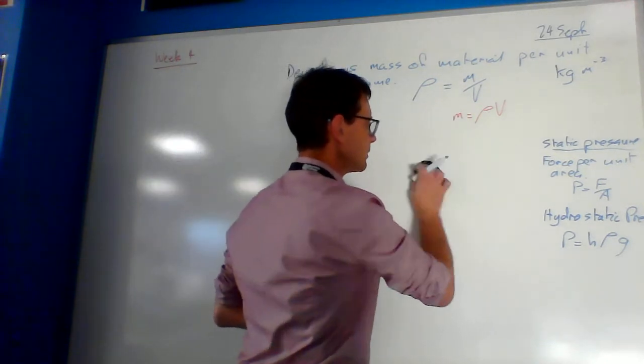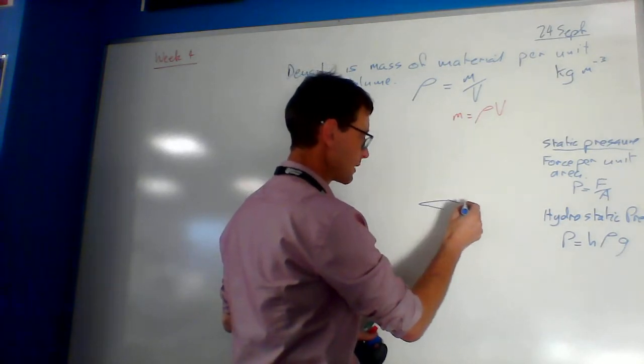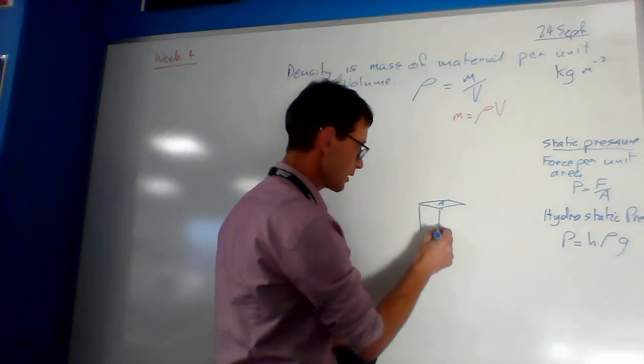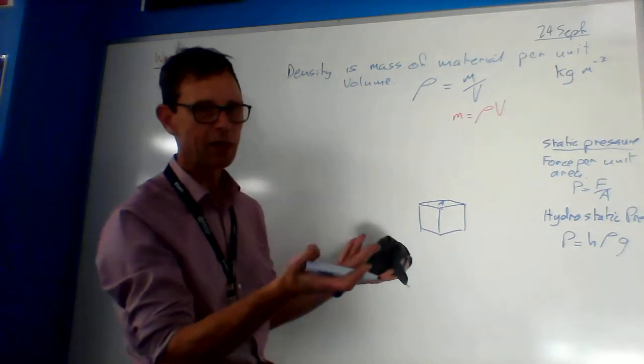So let's go back to the cube. Okay, so we have a cube. Again, it's a cross-sectional area A, and it's floating in a substance, let's say water, perhaps.